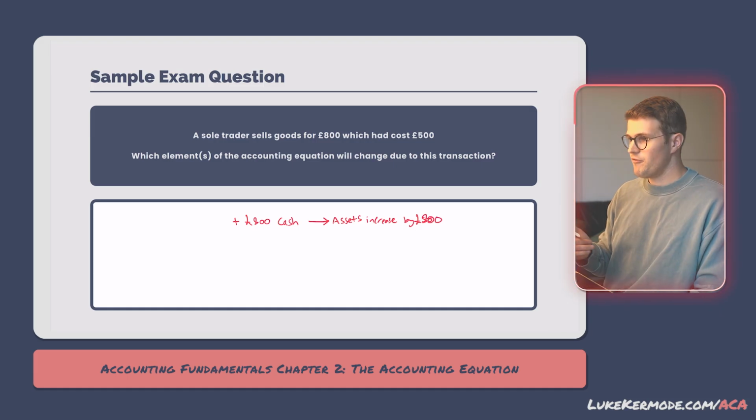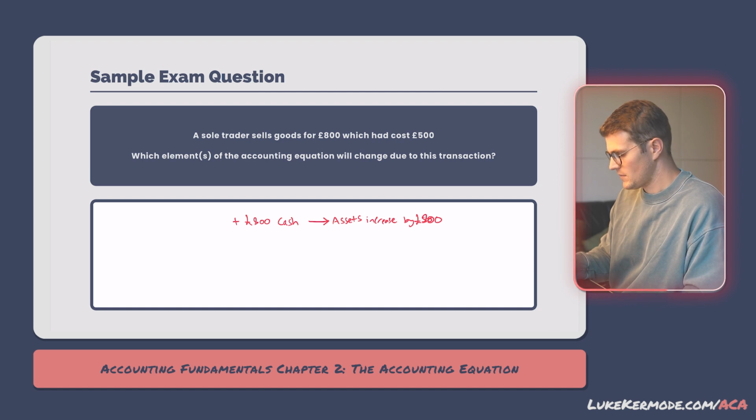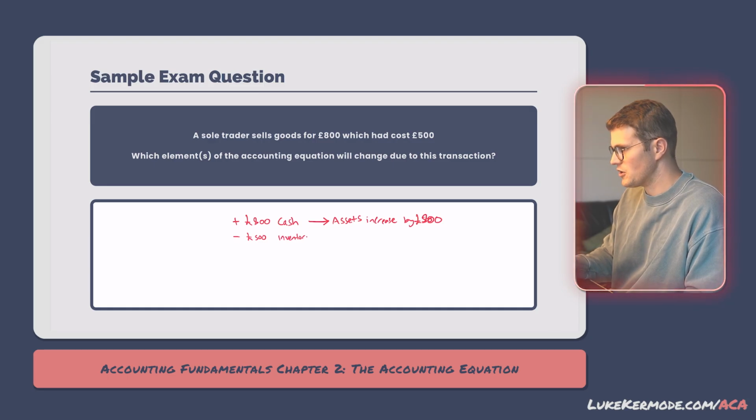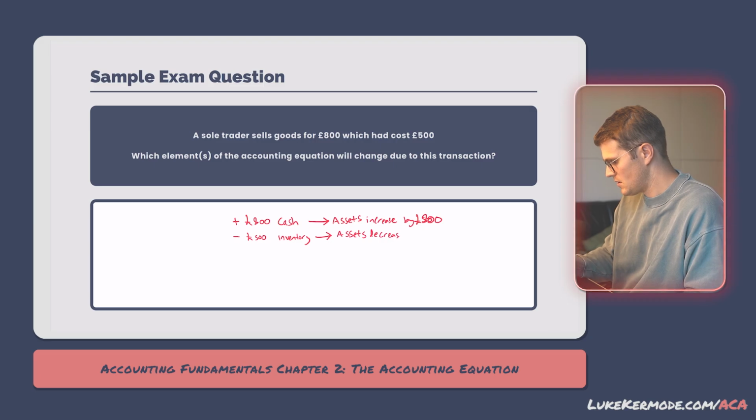But at the same time, the inventory, another asset, is going down by £500 because goods have been sold, so inventory is leaving the business. So assets decrease by £500.